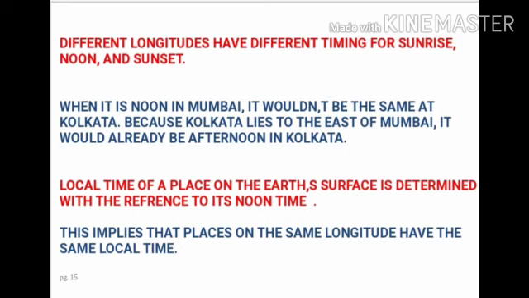This implies that places on the same longitude have the same local time. This means that all the places which come in the same longitude will have the same time. But Mumbai is in a different longitude from Kolkata. So though the places are in one country, their timing may differ.